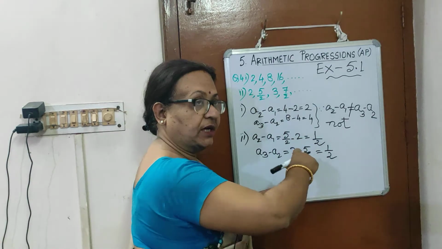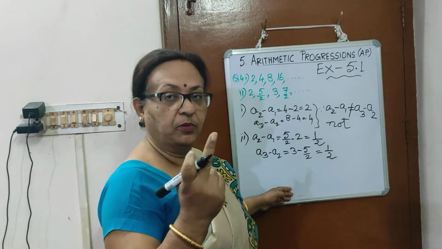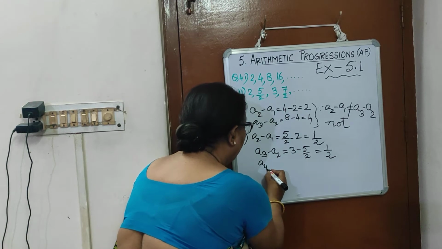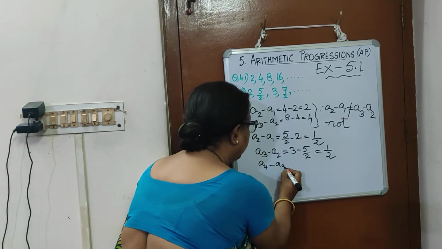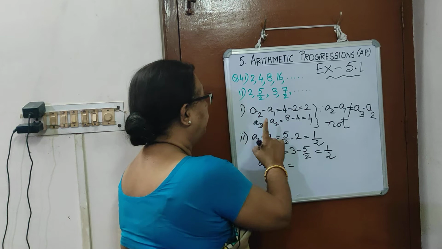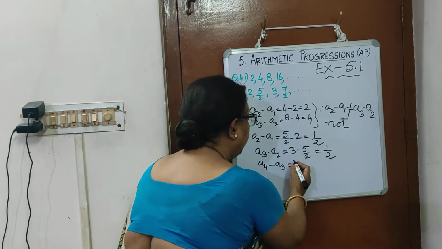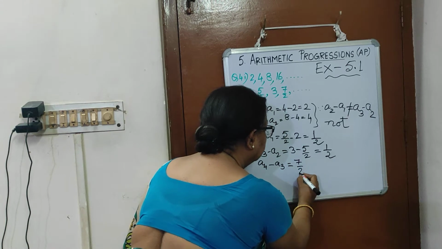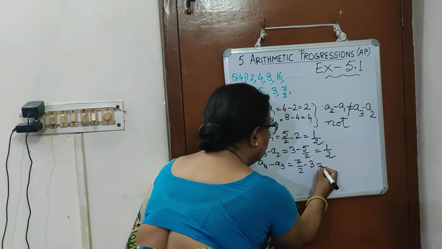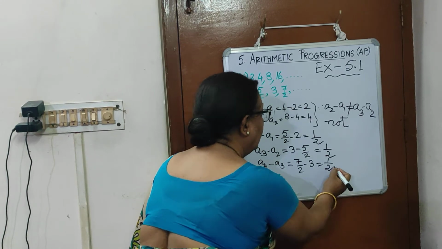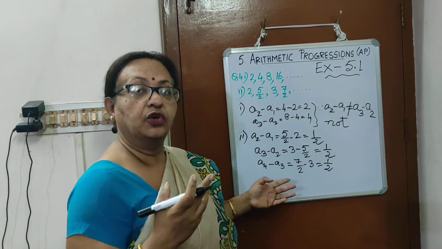The difference is constant. We check for one more term. So we now find A4 minus A3. A4 is the fourth term, 1, 2, 3, 4. 7 by 2 minus 3. This is again equal to 1 by 2.